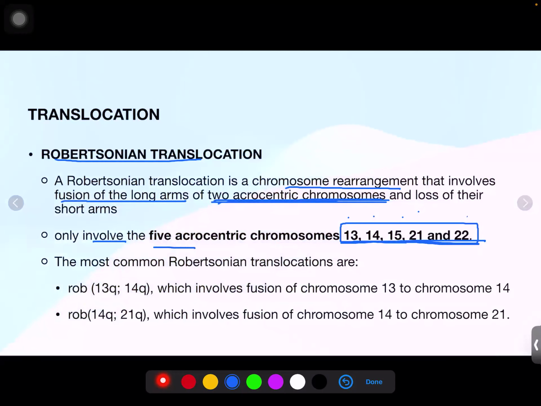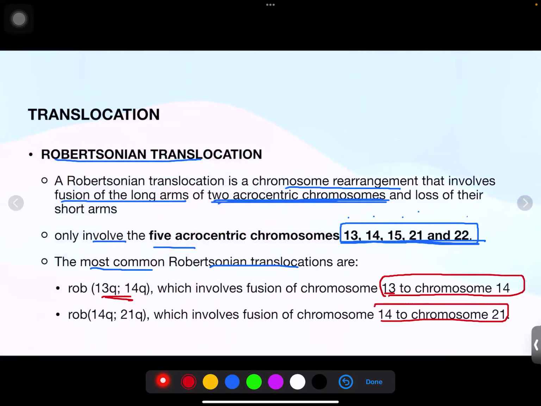Now you have to remember that the most common Robertsonian translocations are, not 13q, 14q, but you have to remember fusion of chromosome 13 to 14 and 14 to 21. Now you remember what the trisomy of 21 was known as?